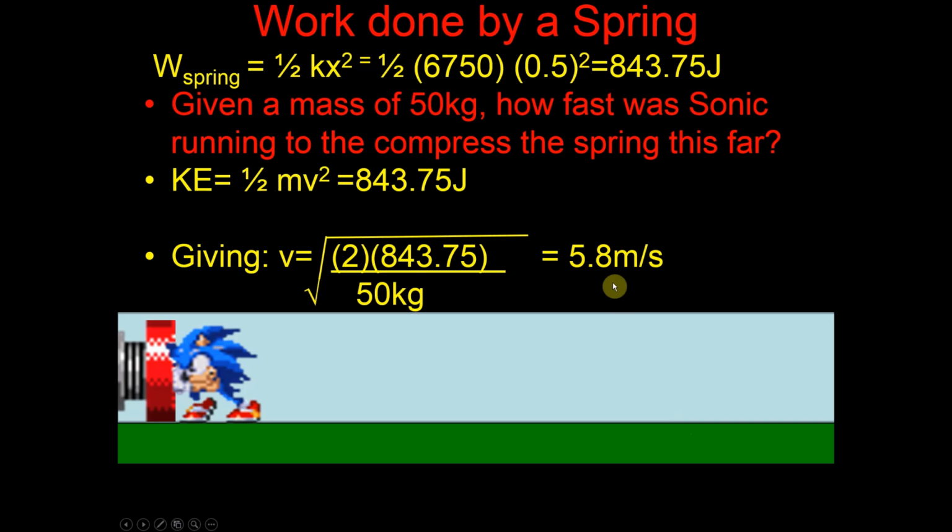This might seem obvious when you're presented with it in this sense, and it kind of is, but when you're presented with a fresh question and no clues to help you out, quite often people will start to do F equals ma and compare that to F equals kx, then get into a mess trying to find acceleration and then stick it into an equation of motion to get v. That could in some cases be a valid solution, but as I've always said, the simplest solution is usually the one that gives you the best answer.